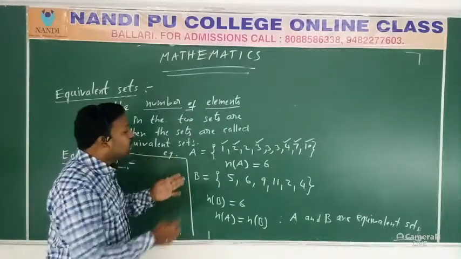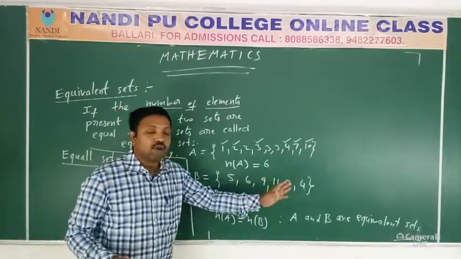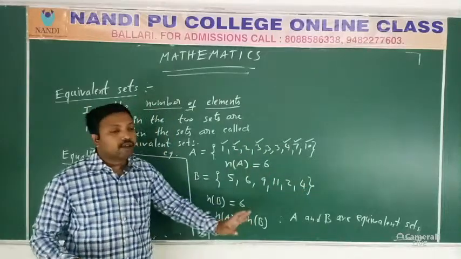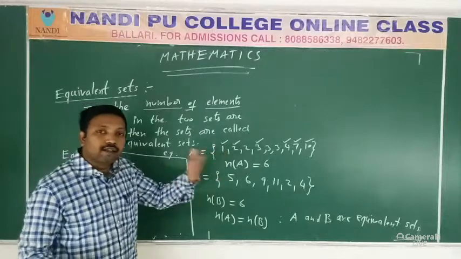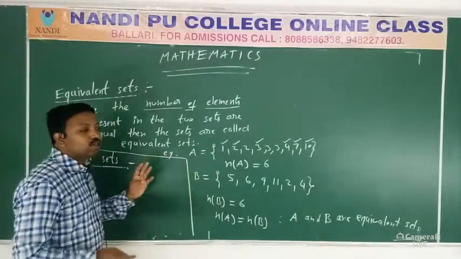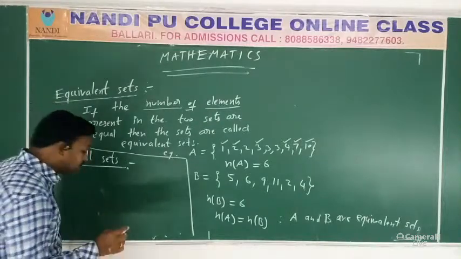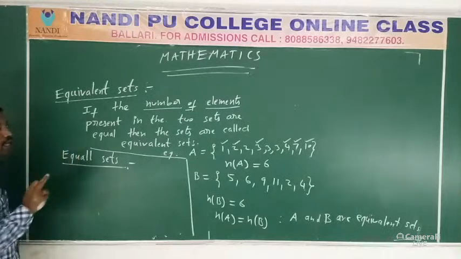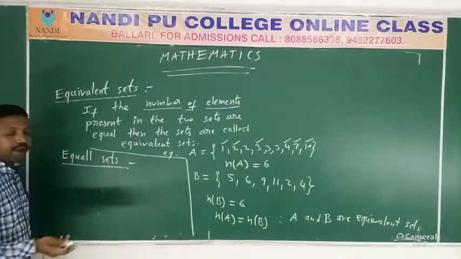For example, if B is equal to 5, 6, 9, 11, 2, 4, then A also must have the same elements, and only then can we call them equal sets. AEIOU, and another one also AEIOU only. So the elements must be the same, and only then are they equal sets.